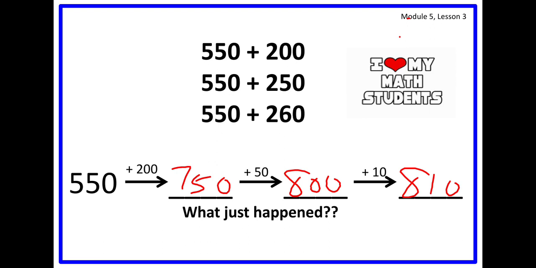So the number to be added has already been indicated in the arrow. Our job here is to fill in the missing space.